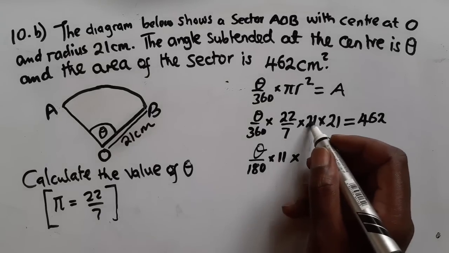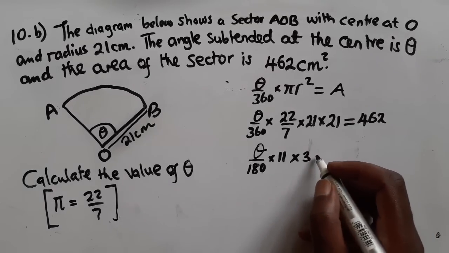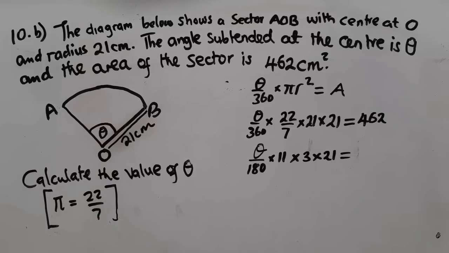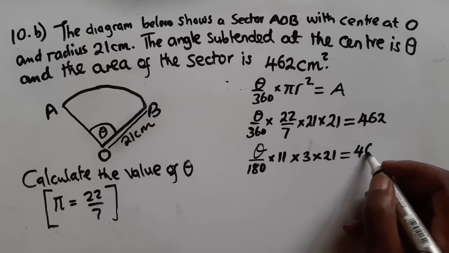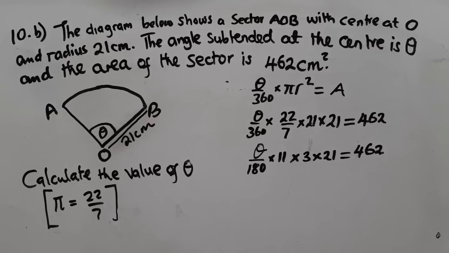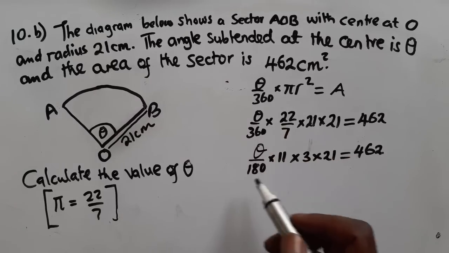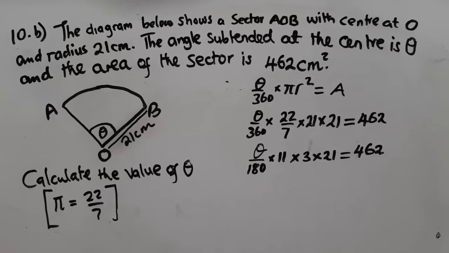Then 7 into 21, this is going to be 3, and 462. I hope this is very clear, ladies and gentlemen. So we broke down this, we simplified 11, 1, 180, 7 here, 1, 7 here, 3. That is where we are now.